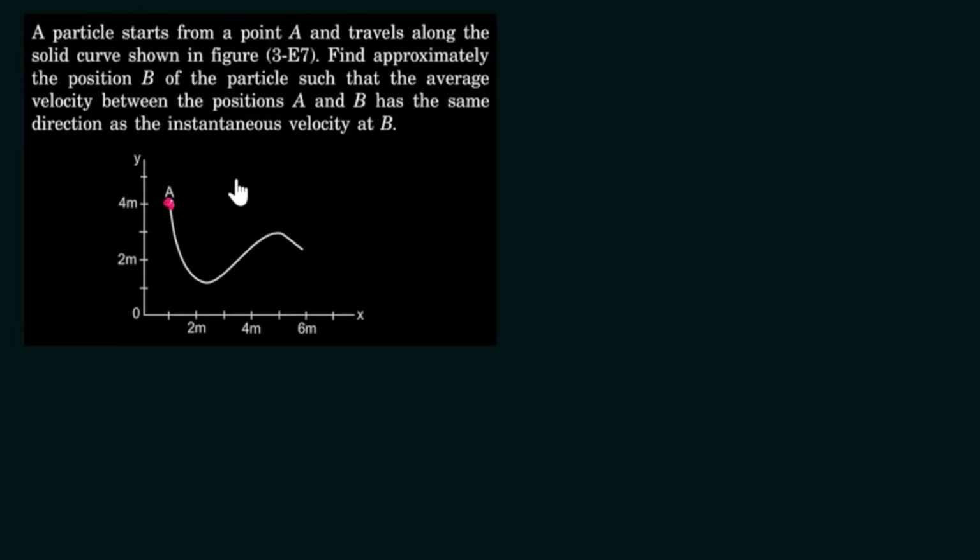So here we have to find a point on this line where the average velocity and instantaneous velocity would have the same direction.